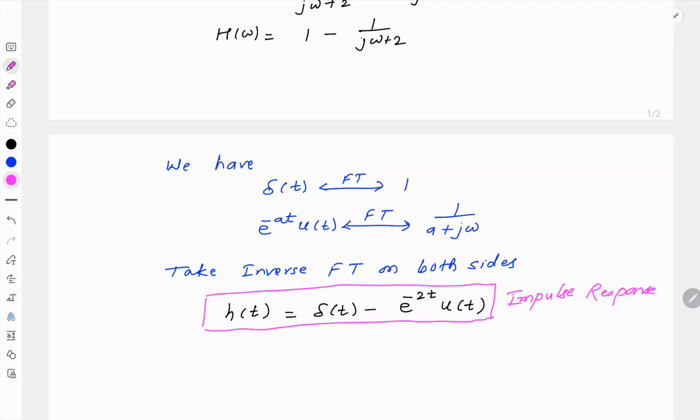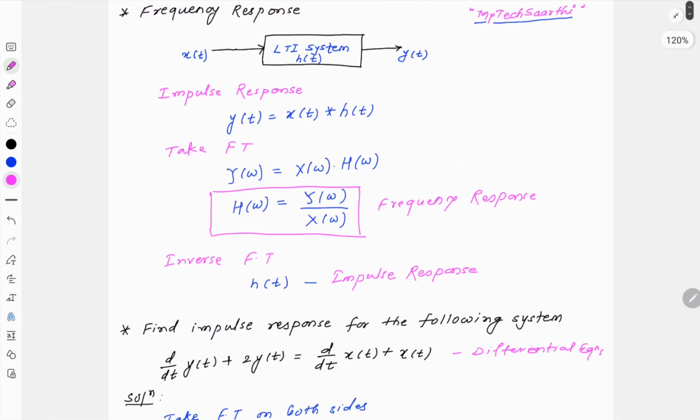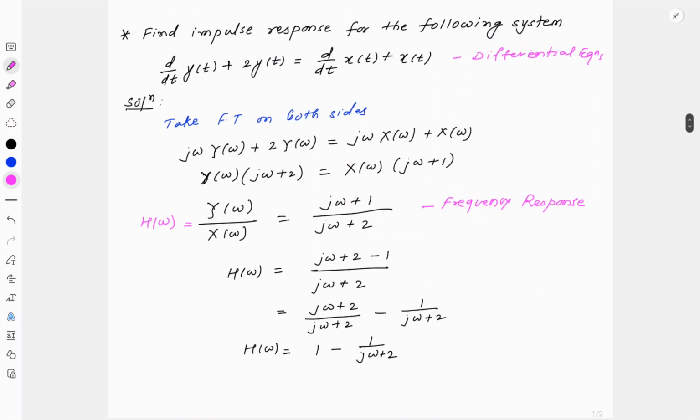To summarize, a differential equation was given. Using this differential equation, we go with the Fourier transform. We rearrange the terms to get the Y by X equation in terms of omega. Whatever equation we get for Y(omega) by X(omega) is nothing but the frequency response.